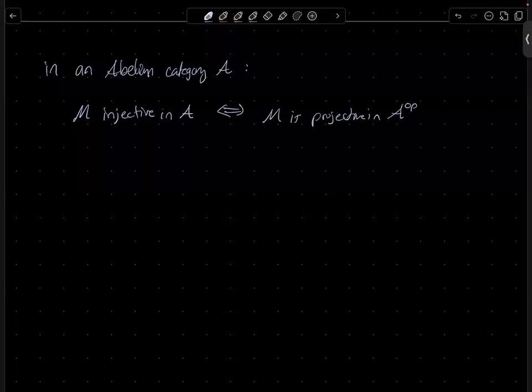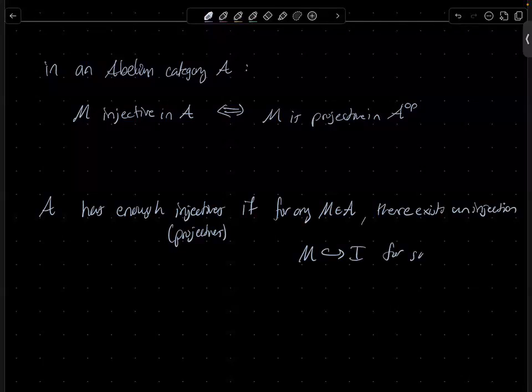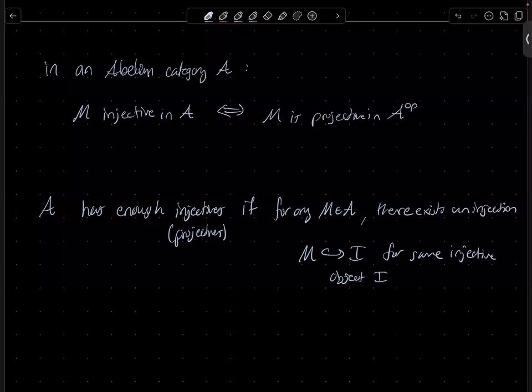And so some more terminology. For an abelian category A, we say that it has enough injectives or projectives if for any M in A, there exists an injection M going into I for some injective object I. And for projectives, it's the other way around.